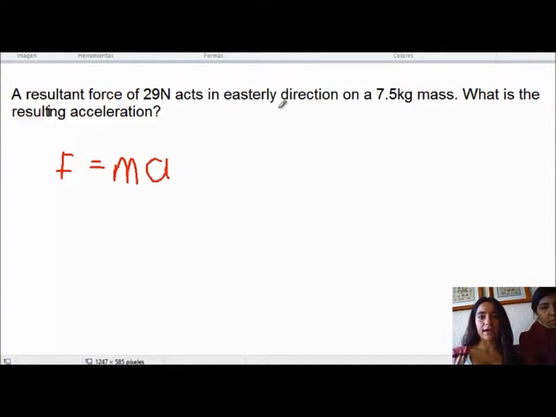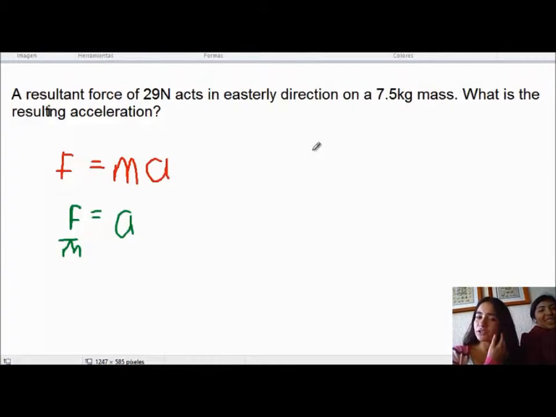Now, if they are asking us the acceleration, we're going to pass the m dividing the F. Now we're leaving the a alone. That's what Miss Gabby told us before.